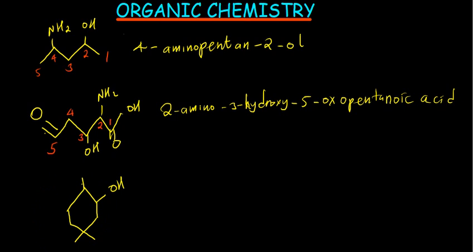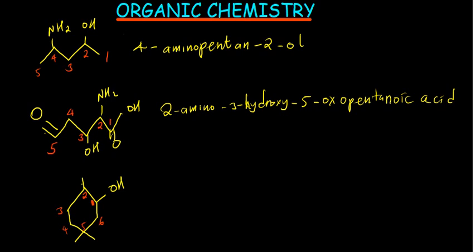So the first position is going to be given here. Priority is given to the OH. That's why I've started naming from there. We're going to go in the direction that gives the other groups lower numbers. So the second one will be here. Third, fourth, fifth, and sixth. So this one has 6 carbons.